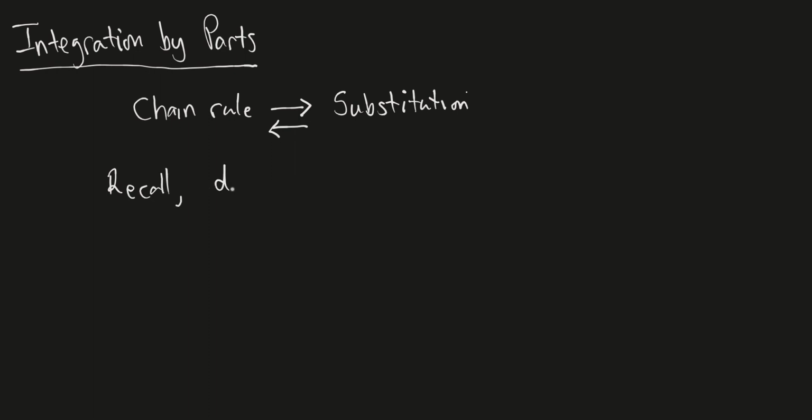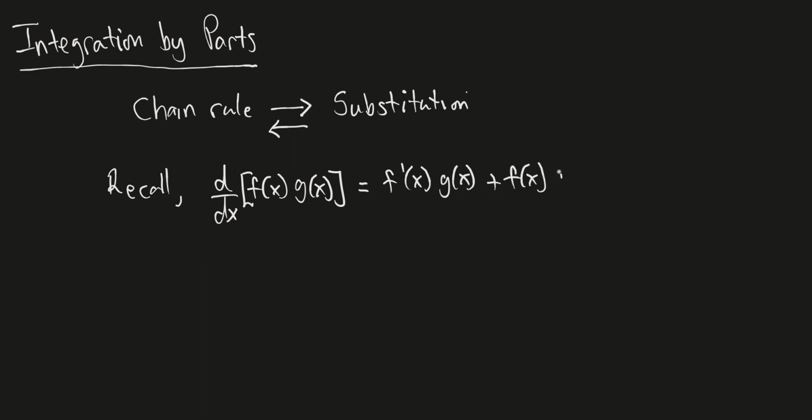The product rule says if I'm taking the derivative of the product of two functions, it's the derivative of the first function times the second function plus the first function times the derivative of the second, right?